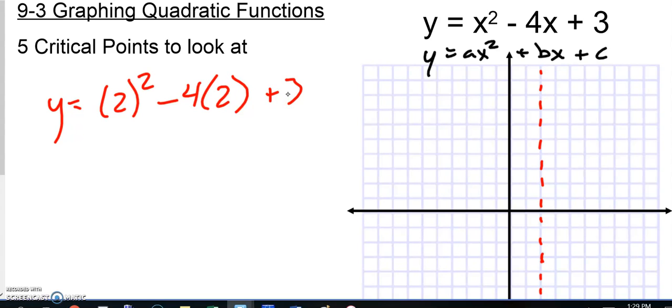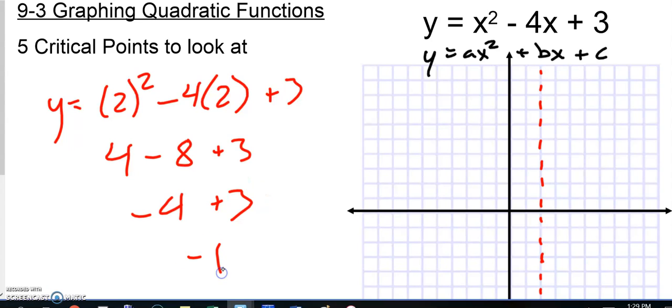So we just follow that. 2 to the second is 4 minus 4 times 2, that's 8, plus 3. So 4 minus 8, I get negative 4 plus 3 is negative 1. So I know that my vertex lies on (2, negative 1). So that's the turning point of my parabola.